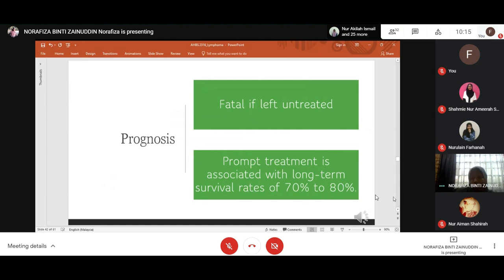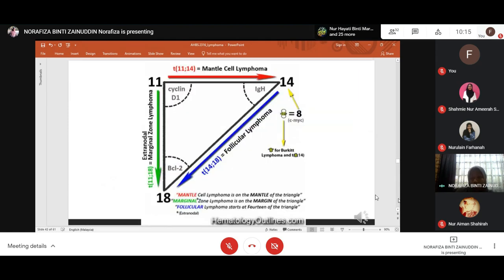Okay, so I got this from haematologyoutline.com. You can see the genetic abnormalities and how you can memorize them based on this triangle.